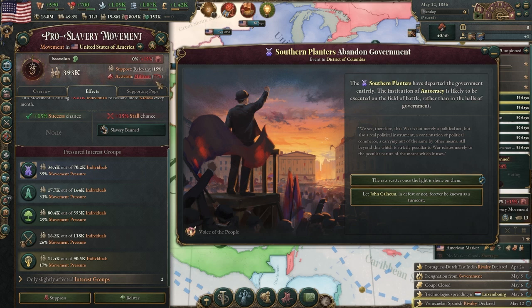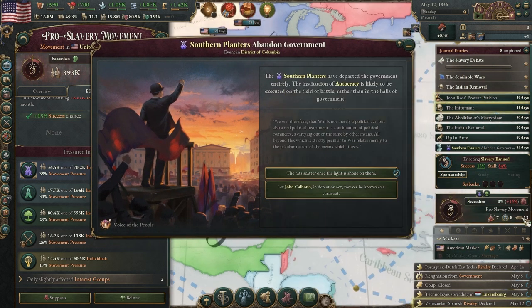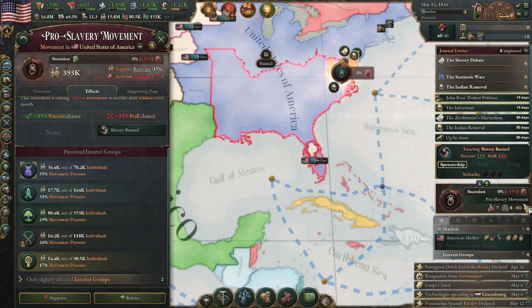Once the activism hits 75%, now at 77%, they have seceded from the government and started a secessionist movement. So the box on the right here shows you how much you need to worry about revolutions and secessions. Unlike how these worked before the Pivot of Empire DLC, not every revolution needs to be addressed.